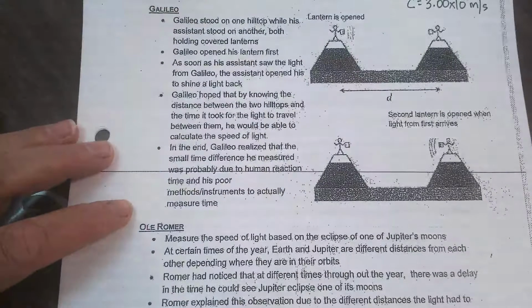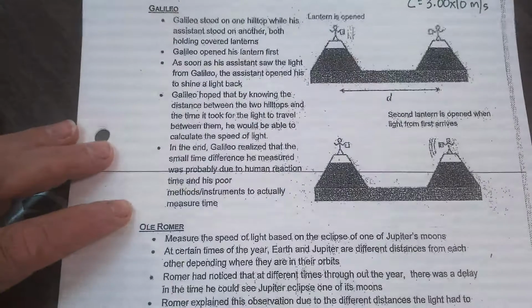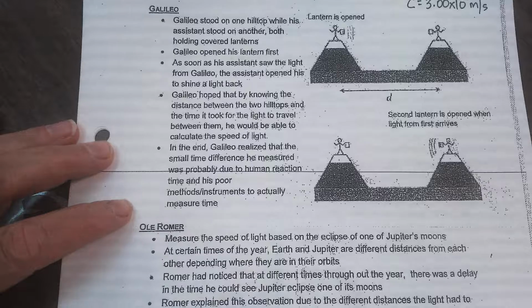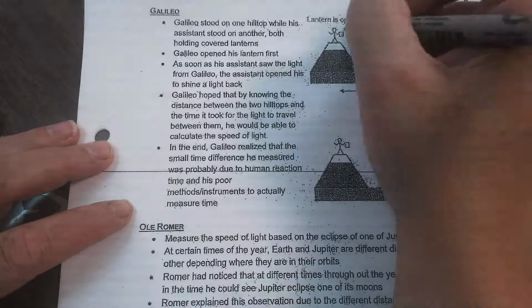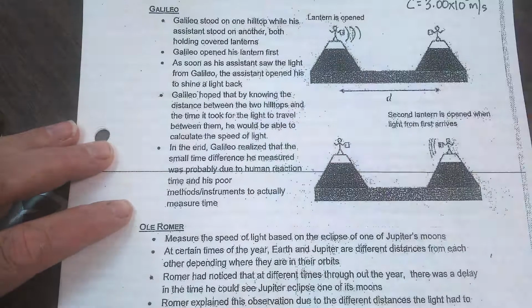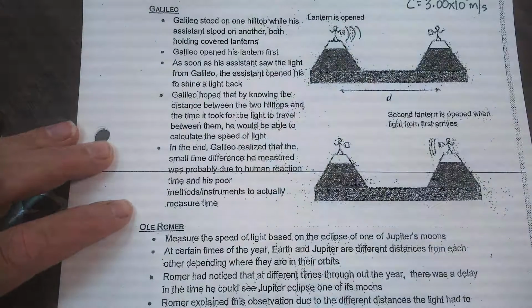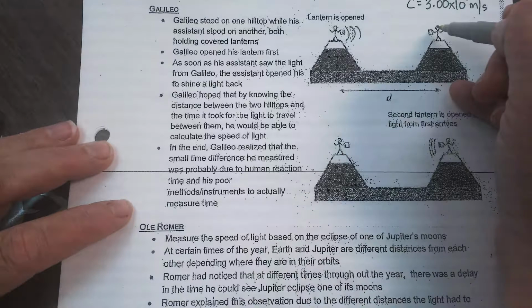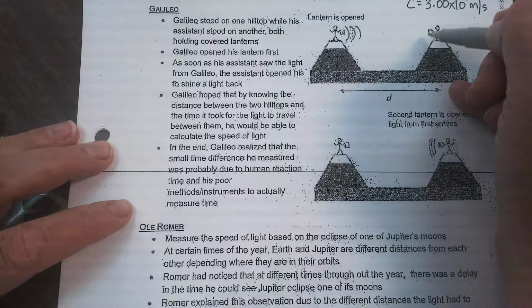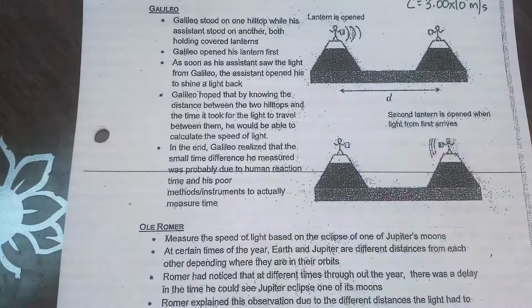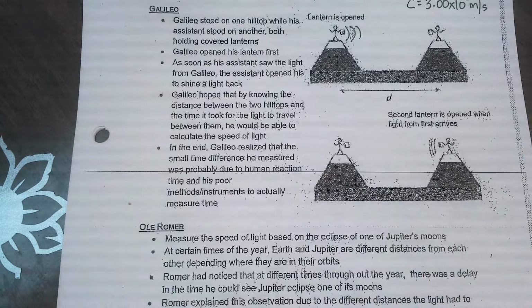Galileo was the first scientist that decided he was going to try and measure this. He held a lantern and covered it, and the person on the other hill would send a response back when he saw the light.